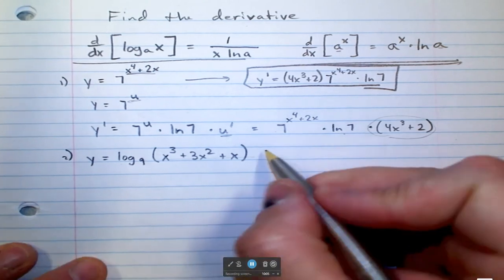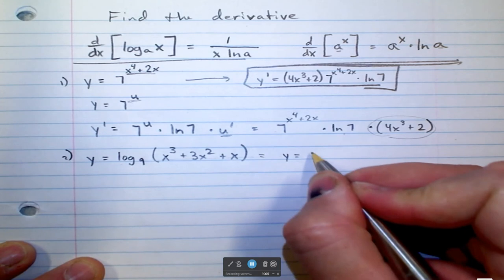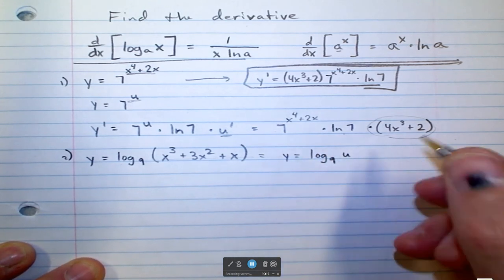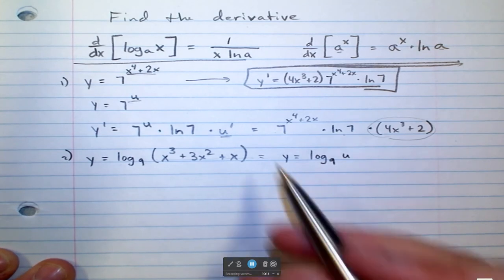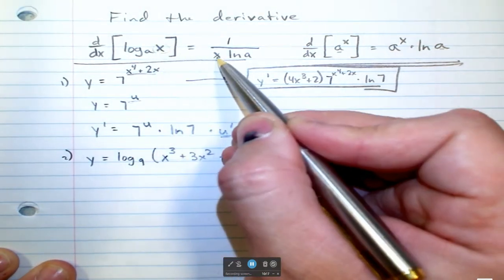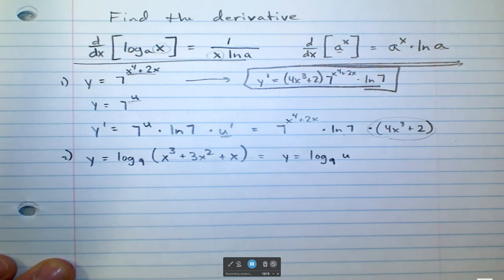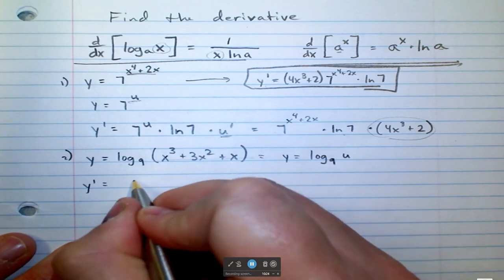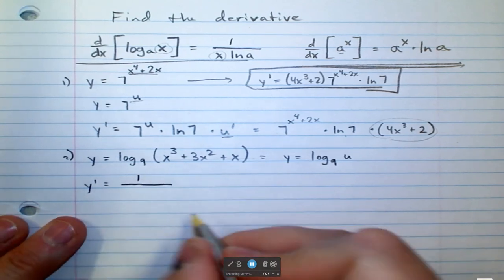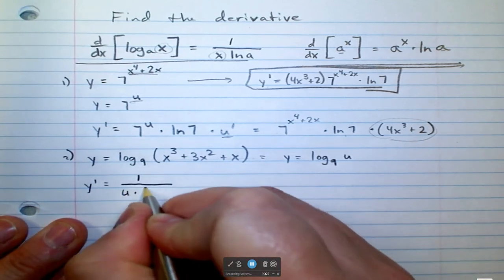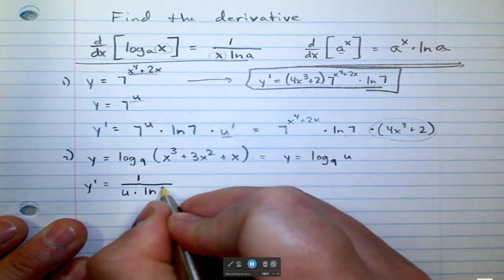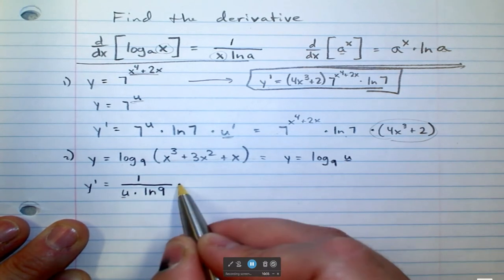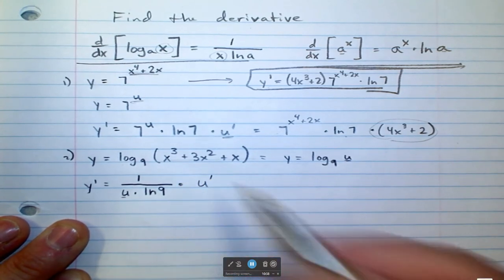So we have to look at this and immediately see y equals log 9 of u. Log 9 of u. And basically, you're going to take this and put a u in your definition. So y prime would be what? It would be 1 over u times ln of 9. But because I used u substitution, I have to also multiply by what? u prime.